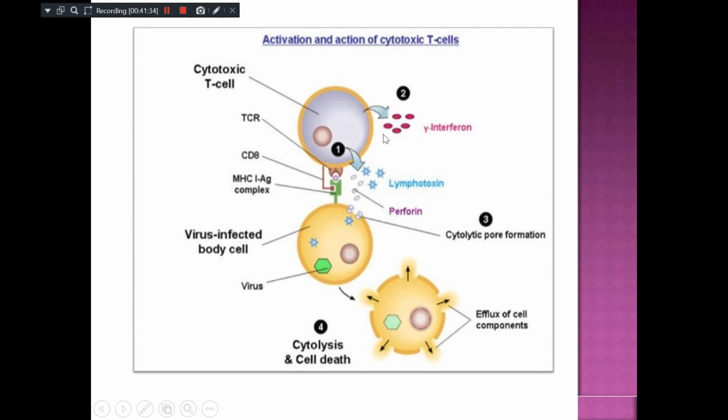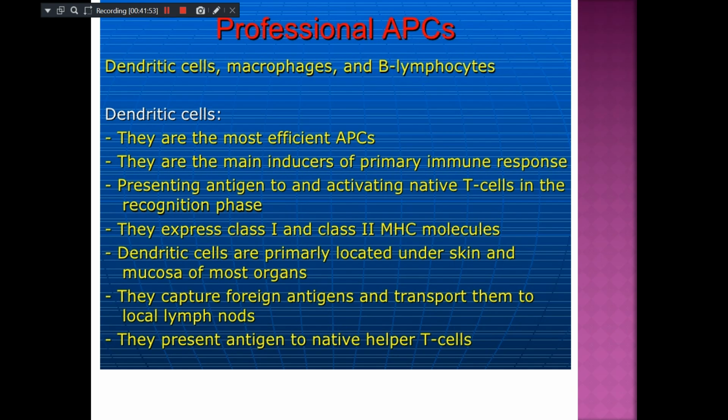See, the cytotoxic T cells will open a hole, and they will release the cytotoxic material here. Then, as a result of the cytotoxic material, cytolysis or cell death takes place. When the cell dies, along with the cell, the pathogen also dies. In our body, there are some professional antigen presenting cells.